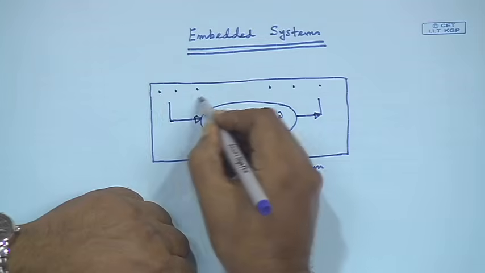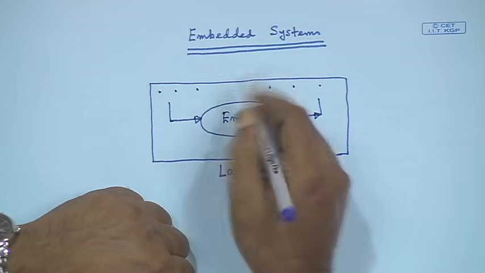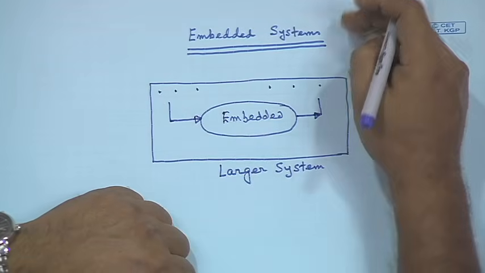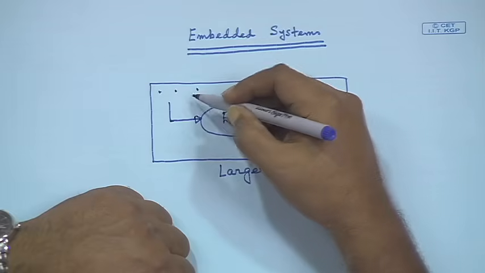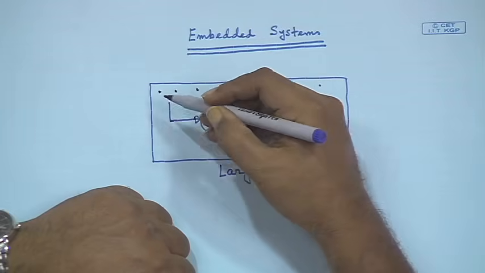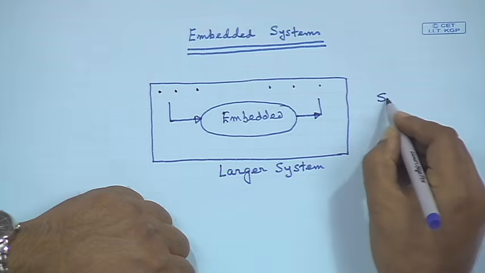The points which are affected, because you see the larger system can have many things, everything may not be controlled by the embedded system, everything may not be sensed by the embedded system. So, the parts which are sensed and actuated upon are often known as the sphere of control.